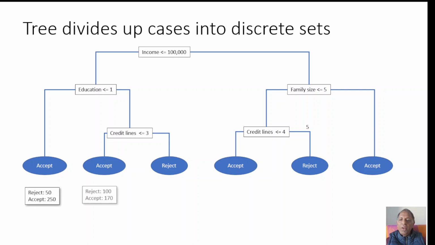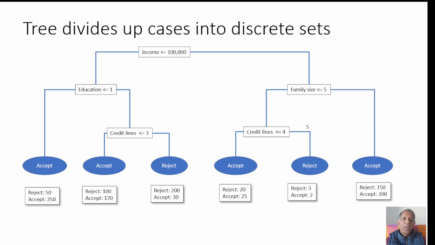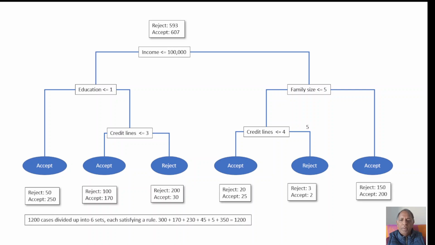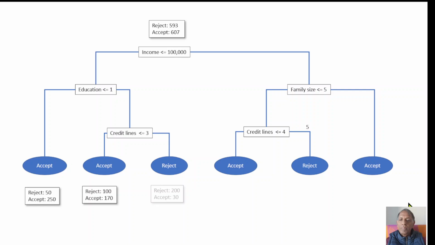Okay, so what we can see is that a classification tree divides up all the cases into discrete sets. In this case, 1200 cases that came in were broken up into 6 different sets, right? One set has 300 cases, another set had 270 cases, another set has 230 cases, and so on.